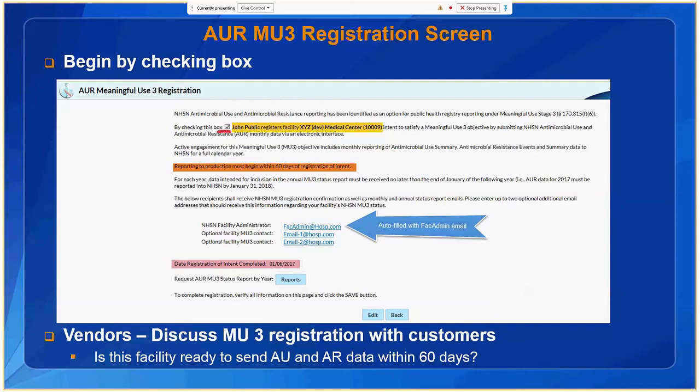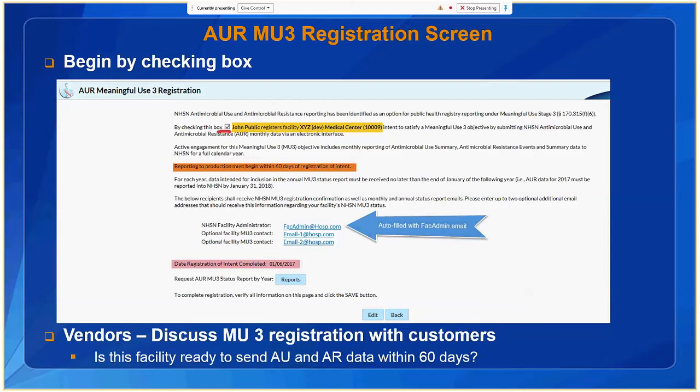Then you'll see highlighted in pink, it has date registration of intent completed. Of course, this is a mock-up form, but we'll say they signed up at the beginning of next year. Then it has a reports button, and we'll talk more about that later. And actually it does have a save button on the real application. I just wanted to point this out.